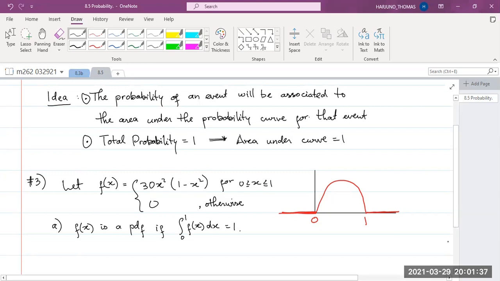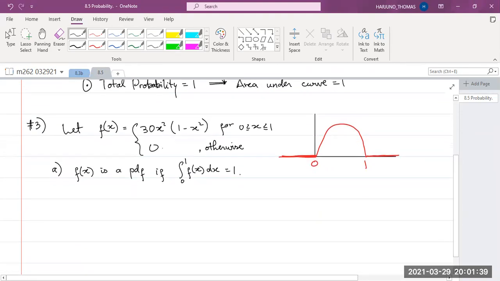Now, let's confirm that integral from 0 to 1 of 30 x squared times (1 minus x) squared dx. This should give us 1. So 30 integral 0 to 1 of x squared minus x to the 4th dx.